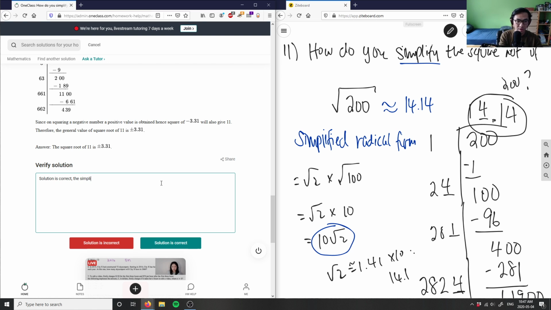Or I'll say the simplified radical form for the square root of 200 is 10 root 2, but the long division method to approximate the square root of 200 is correct. So we're going to say the solution here is correct, and we are done for this video.